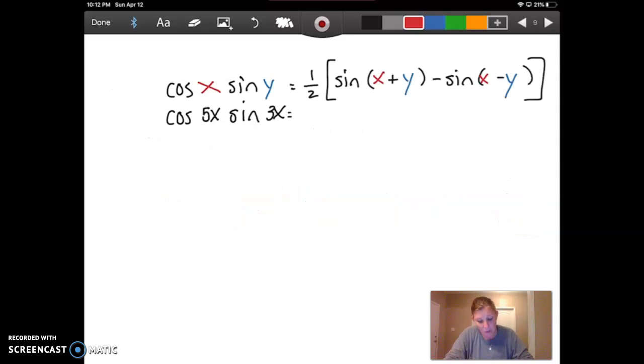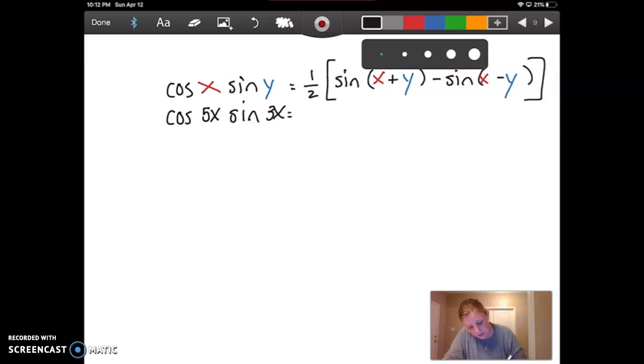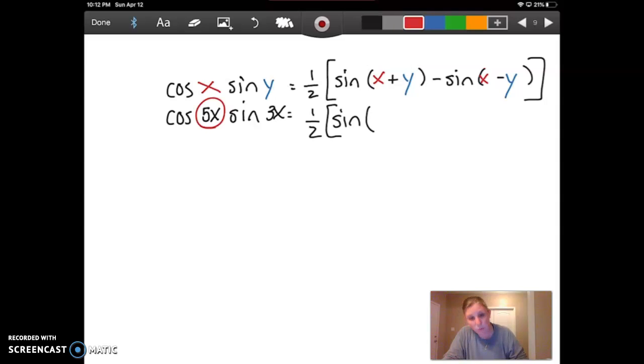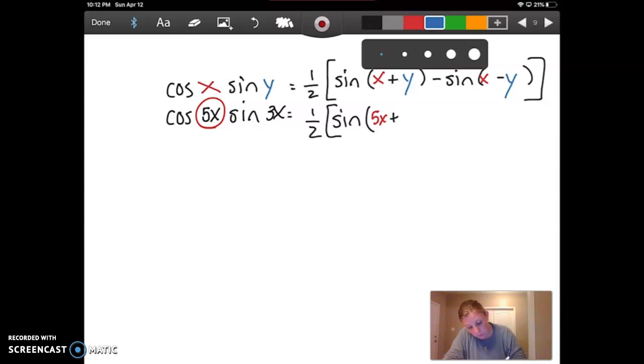All right, so I went ahead and had the identity rewritten right here for easy access. Now all I'm going to do when I'm working this is replace the x with 5x, and replace the y with 3x.